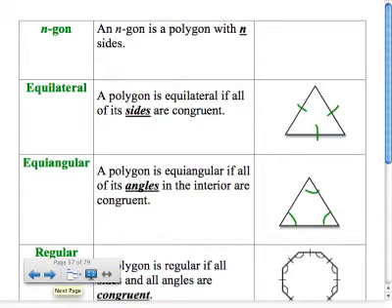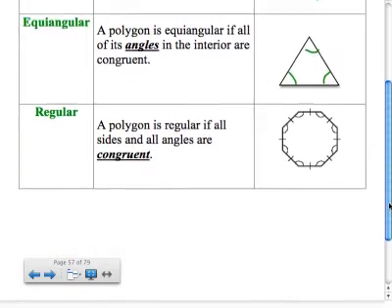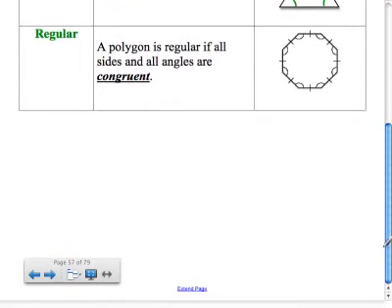We can look at equilateral and equiangular polygons. It doesn't have to be triangles, it could be anything. If you look at this shape here to the right, this one has 1, 2, 3, 4, 5, 6, that's an octagon. And we would actually call that a regular octagon because all of your sides are congruent, which makes it equilateral, and all of the angles are congruent, because it's marked here, and that makes it equiangular.